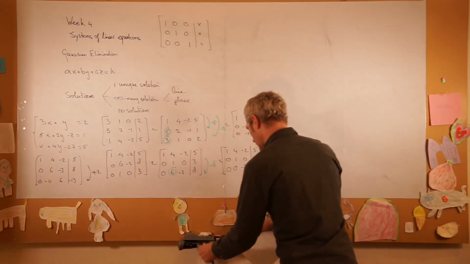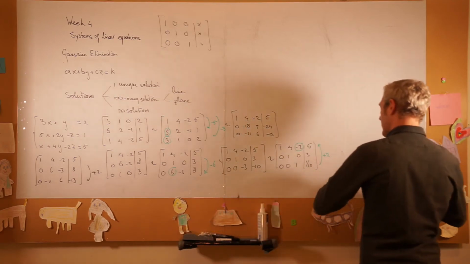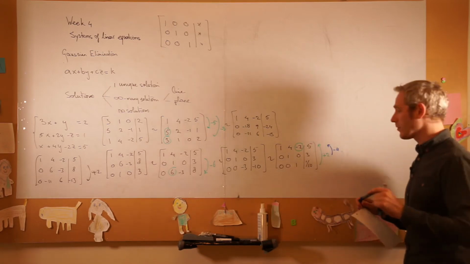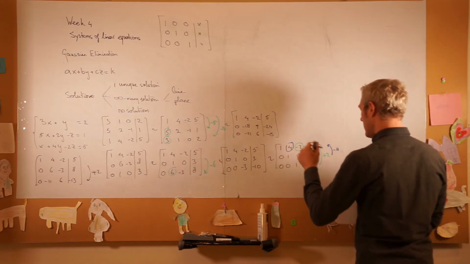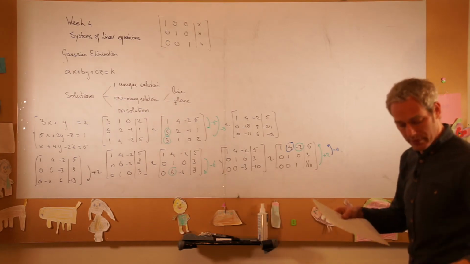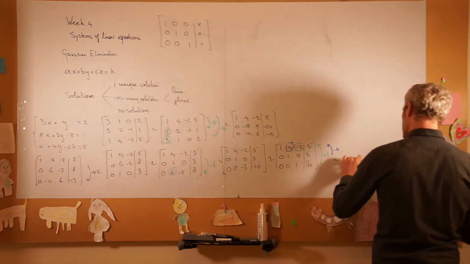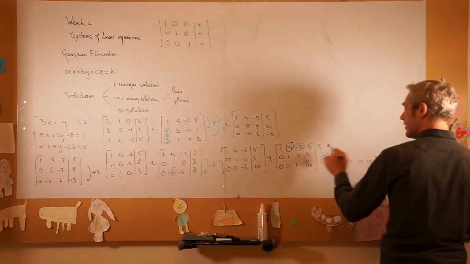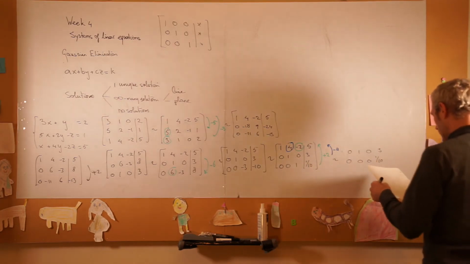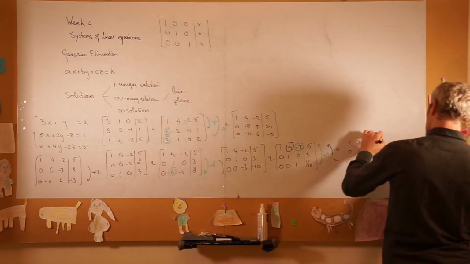And if I take the second row and I subtract that 4 times from the first, then I will get a 4 there. And we'll do that in one fell swoop, and the third row stays the same, 0, 0, 1 over 10. The second row stays the same, 0, 1, 0, 3. And we find that 1, 0, 0, minus 1 over 3.